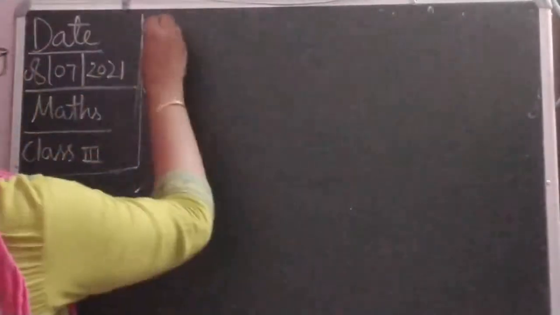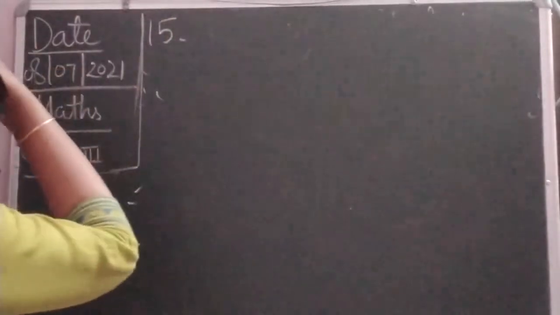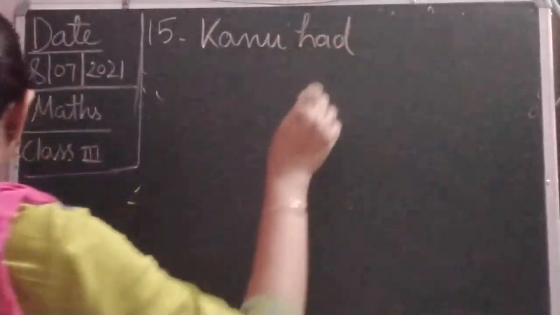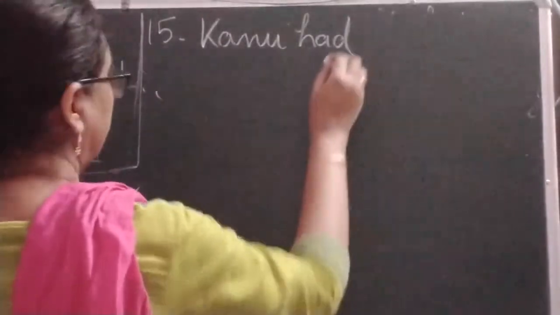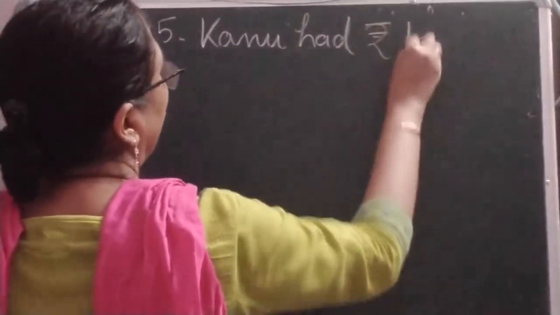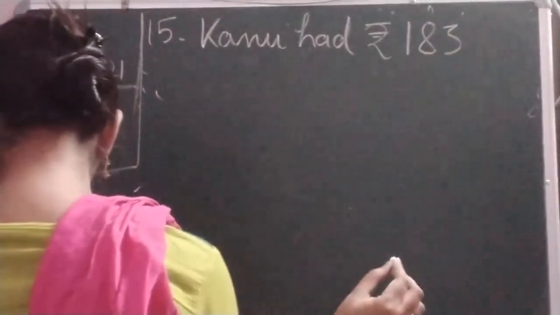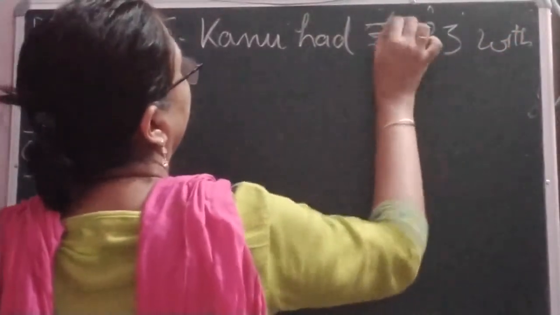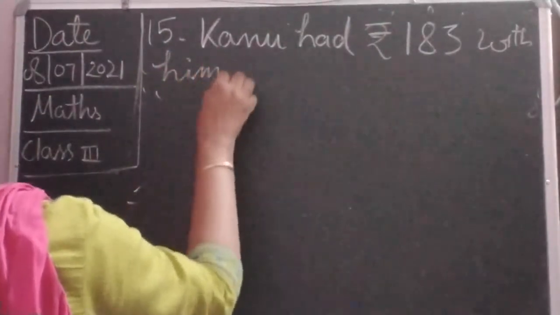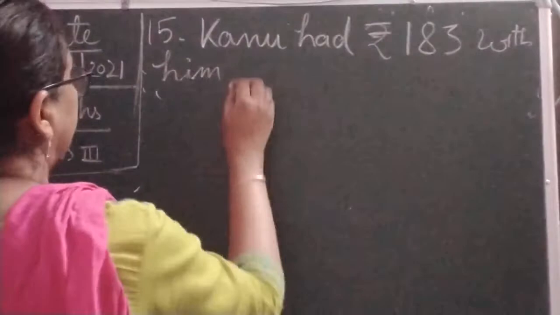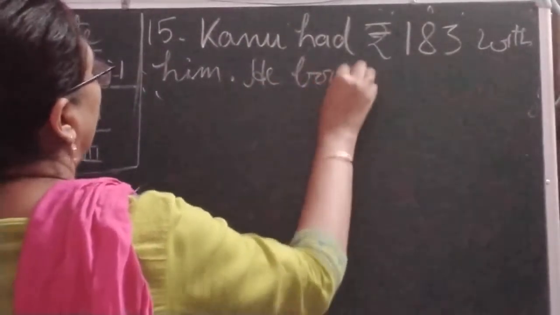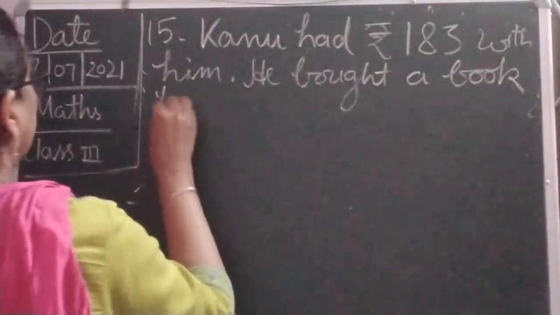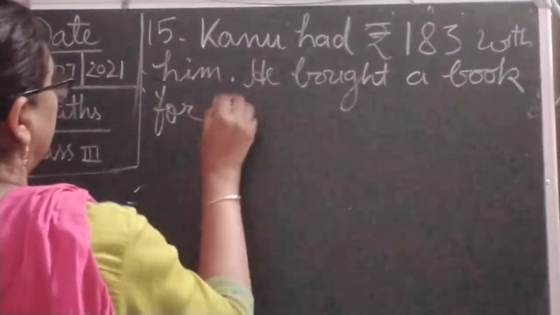And now we are going to do the last question, number 15. Kanu had rupees 103 with him. Rupees 103. Okay, rupees 103 with him. He bought a book for rupees 59.